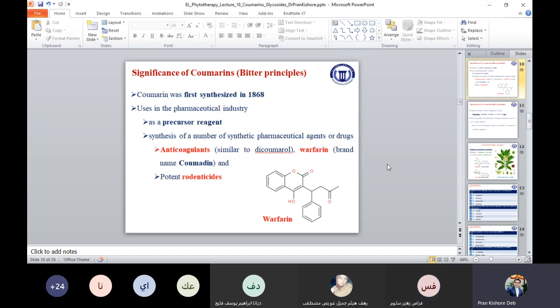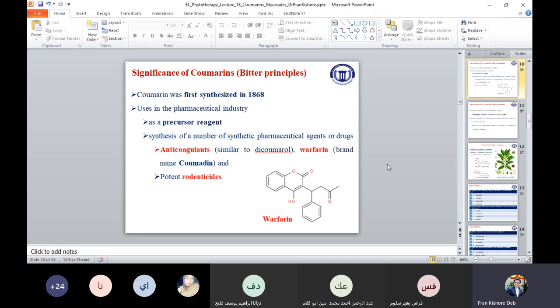Now you missed one point, all of you, in the beginning, that we studied in the first slide. Structurally they are what? They are similar to flavonoids, benzopyrone. Is it benzopyrone or benzopyrene? There are two types of benzopyrone we have seen, right?